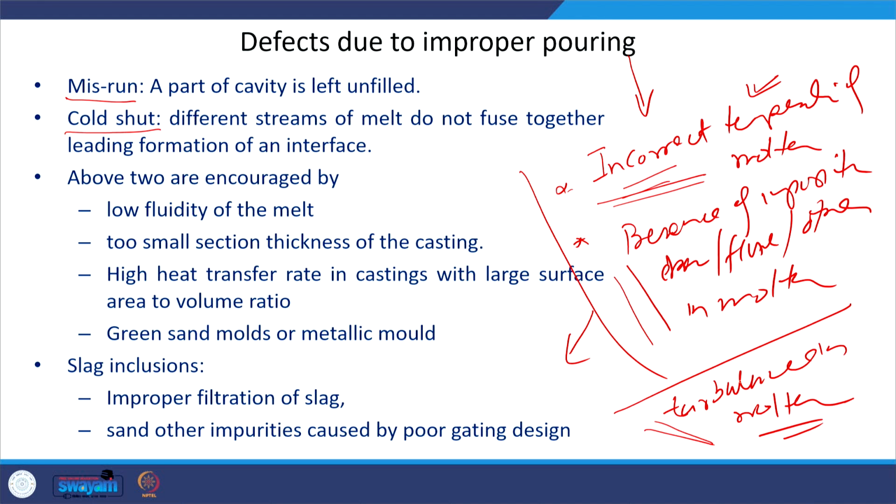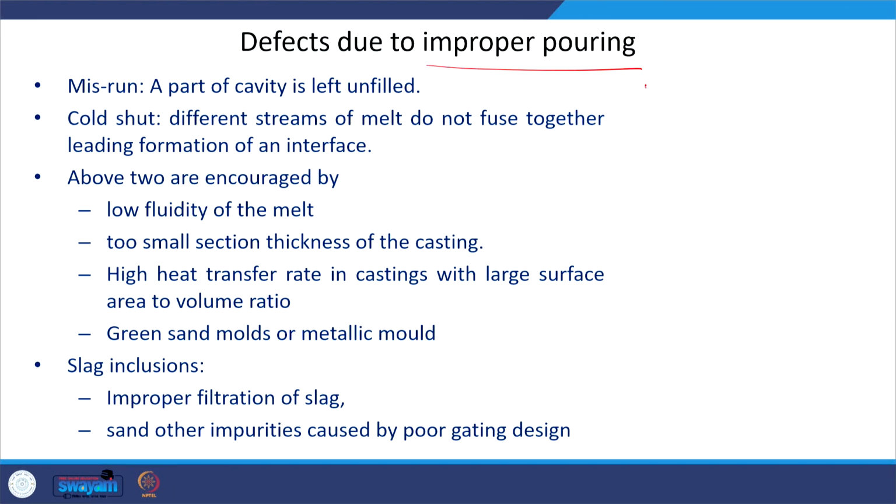So, that will promote porosity and the presence of inclusions as oxides if these are being formed, or the dissolved gases which will contribute towards other issues in the castings, about which we will talk a little later. Okay. So, as far as improper pouring is concerned, the temperature is one, cleanliness of the metal is another, and turbulence of the molten metal is third. These are three important aspects.